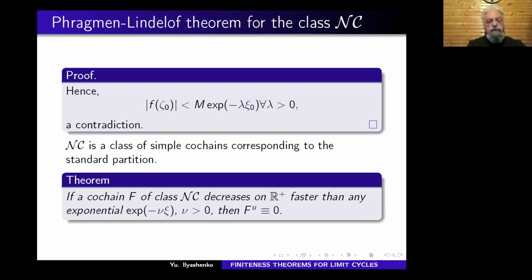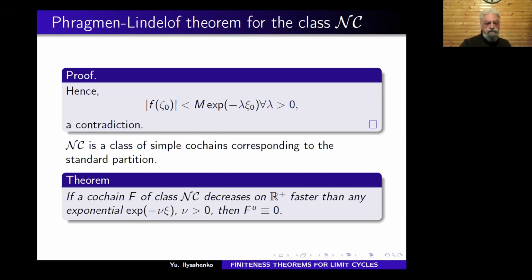So now let us pass to the Phragmen-Lindelof theorem for the class of simple cochains, for the class FC0. But for general cochains from this class, the Phragmen-Lindelof theorem cannot be explained so rapidly.